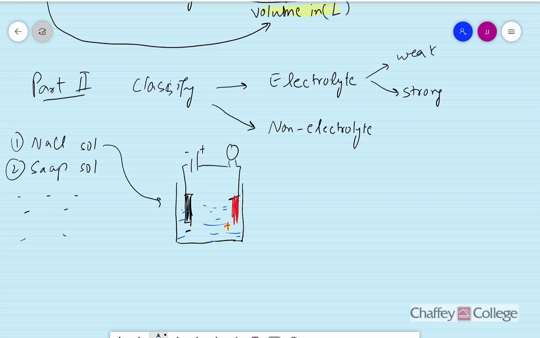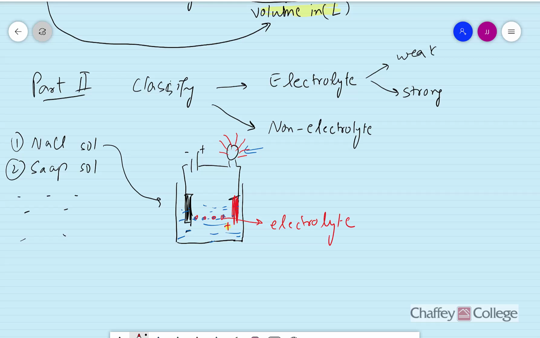If the solution conducts electricity, the light will glow. If charge is conducted across, then this light will start glowing. That kind of solution is known as an electrolyte solution.